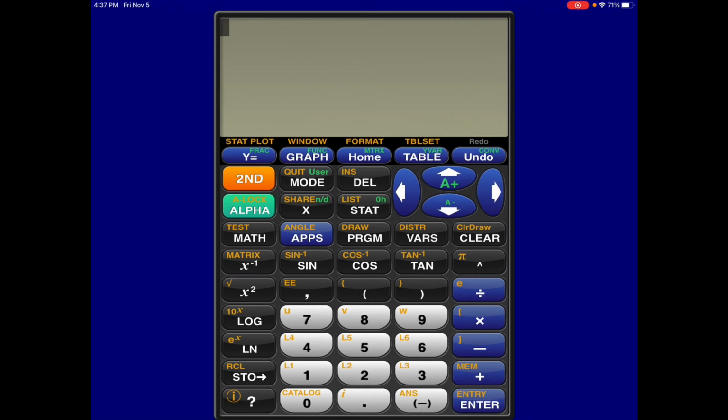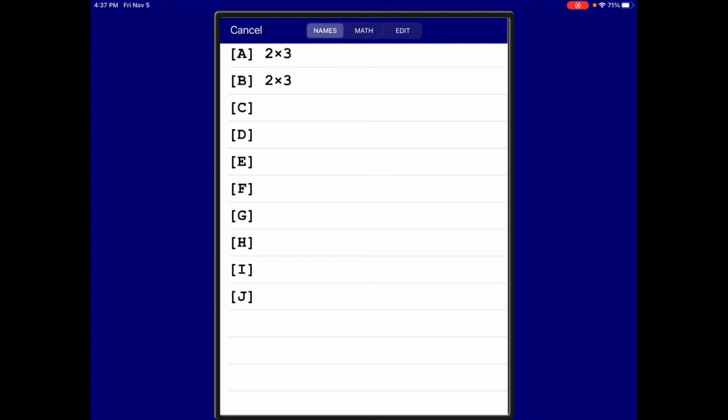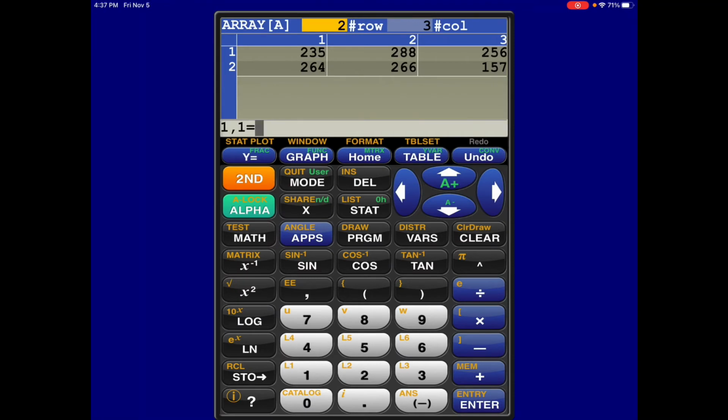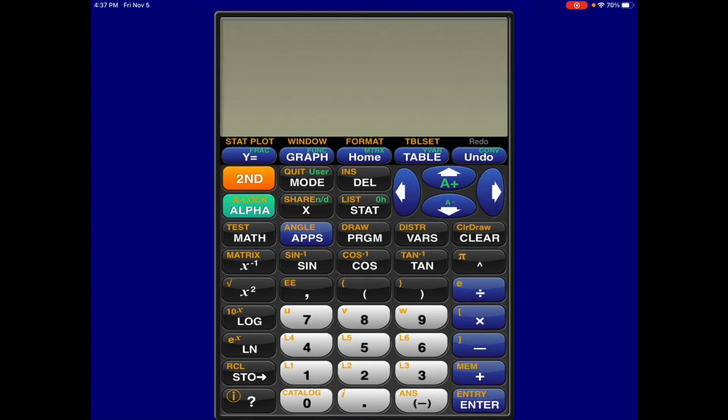To do that, we go second, x inverse for matrix, and then go to Edit on A. And remember, our matrix is a 2 by 3, and then we need to enter all those values here. From here, we go to second mode, which is quit, to come out of that matrix mode. And then we need to run our test.